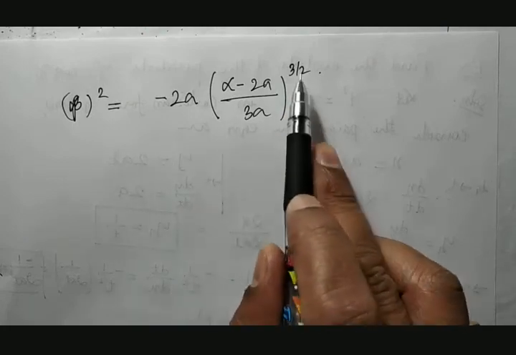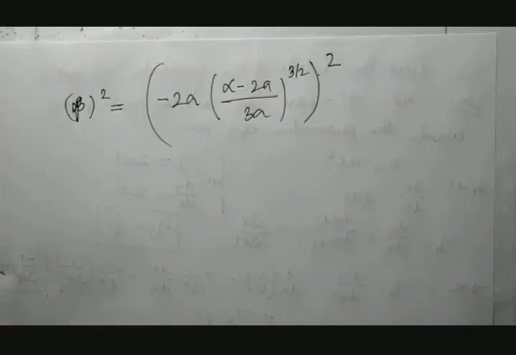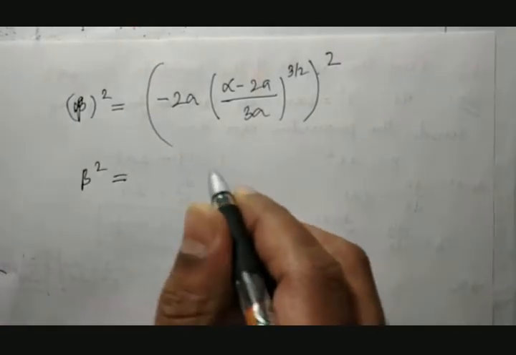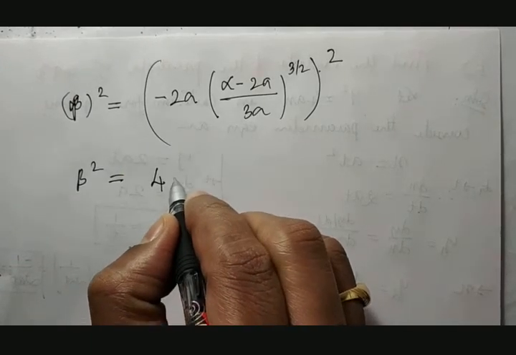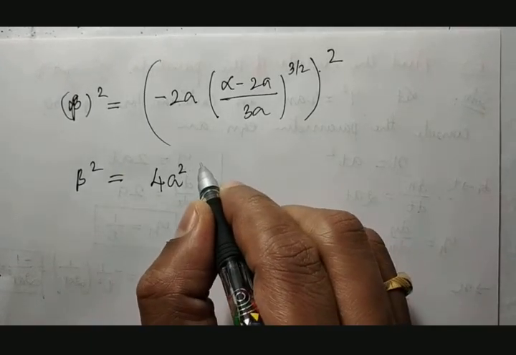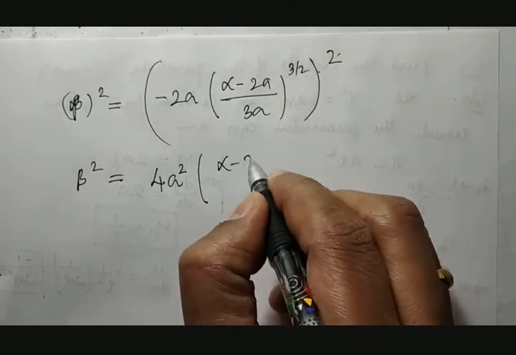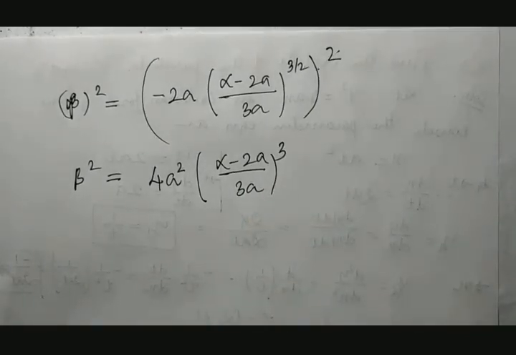Why are we squaring? We want to remove this. So this is raised to 2 now. Squaring on both sides, then it becomes beta square is equal to, this minus becomes plus, and 2 square is 4a square, into the 2 gets cancelled. Then it becomes alpha minus 2a divided by 3a, the cube.